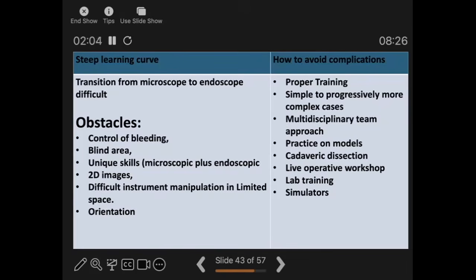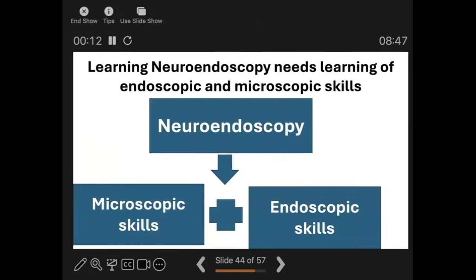Multidisciplinary teamwork, taking help from other specialists and colleagues, practice on models, cadaveric dissection, simulators, lab training, and live workshops. Mastering neuroendoscopy requires developing dedicated endoscopic skill in addition to conventional microscopic surgical expertise.